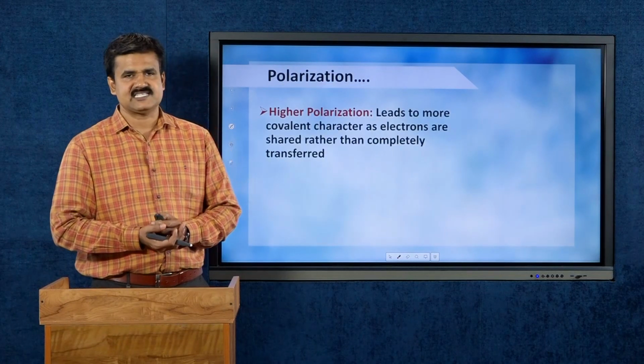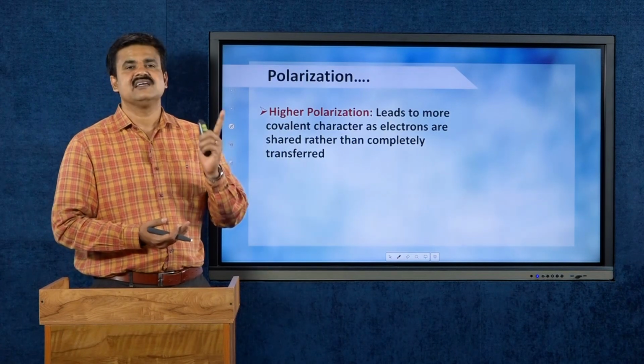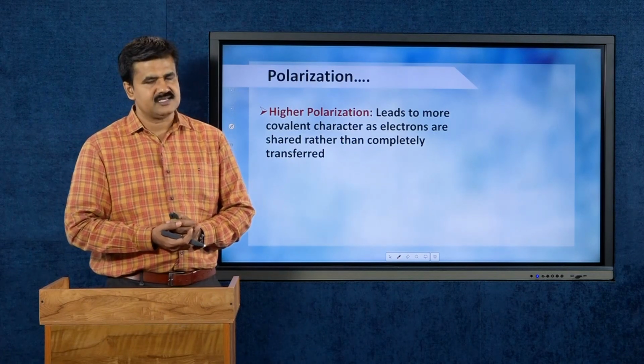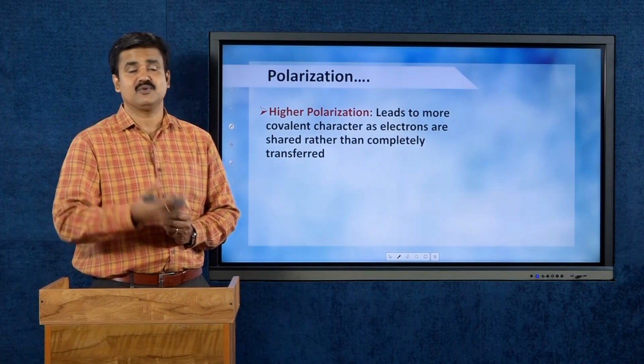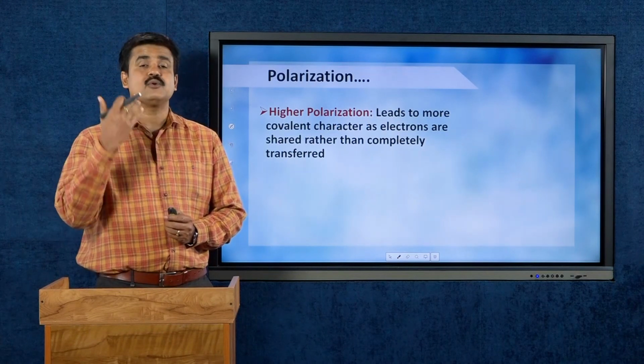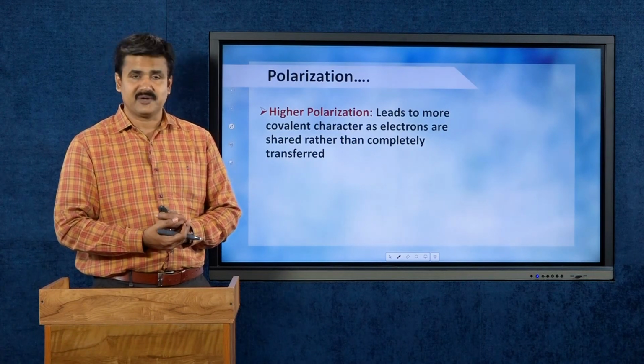Higher polarization leads to more covalent character as electrons are shared rather than completely transferred. It should be noted that a covalent bond is formed by the mutual sharing of electrons. However, if there occurs a complete transfer of electrons, that may lead to the formation of an ionic compound.